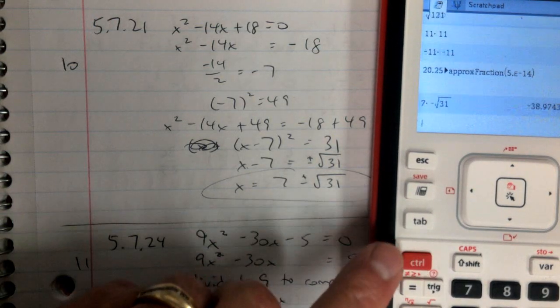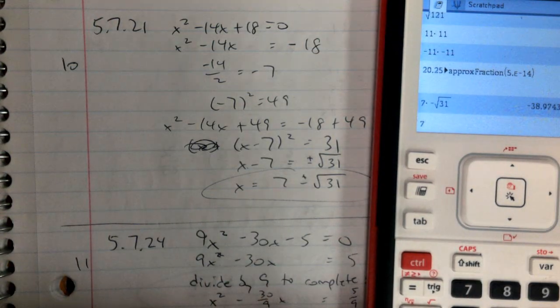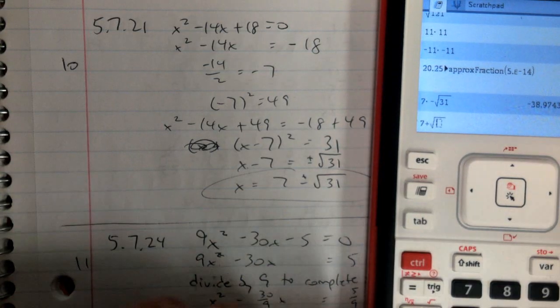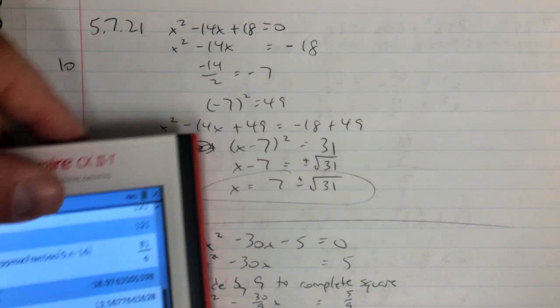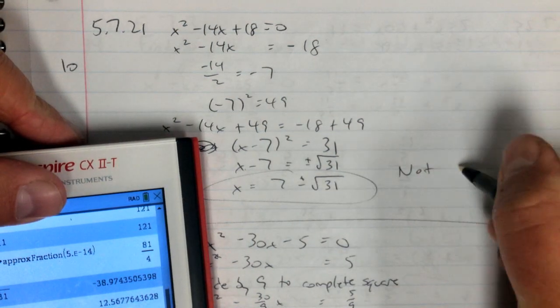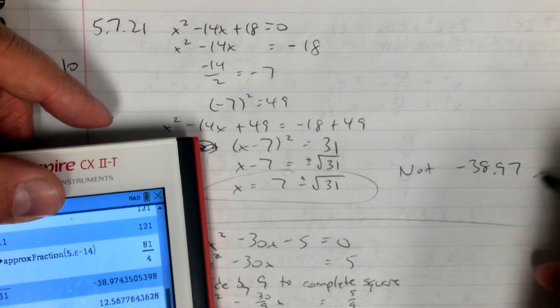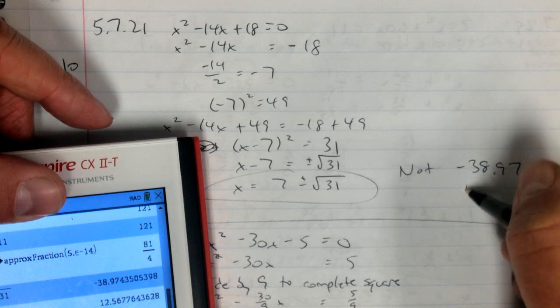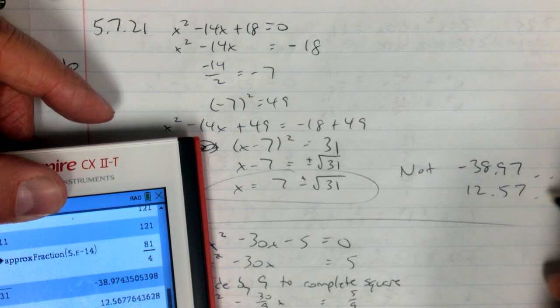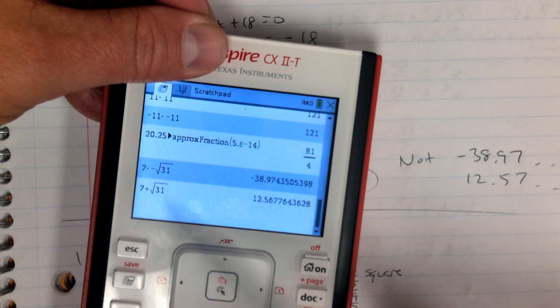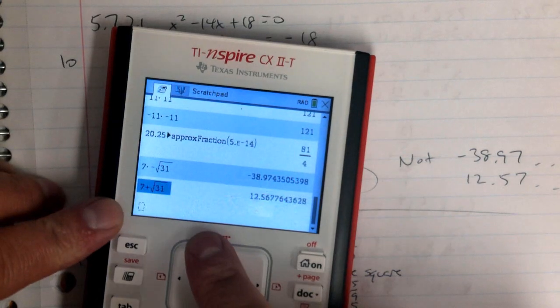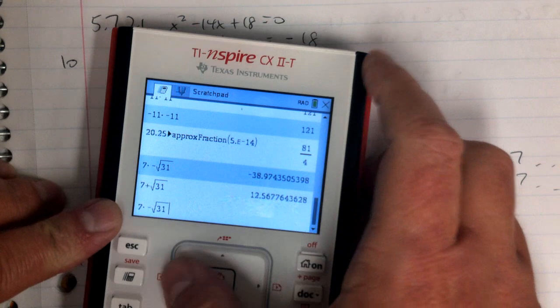Right now I'm just trying to give you a reasonable answer. So you want this not negative 38.97 something or 12.57, you know. Whoops, I did a times right there. This should be a minus.